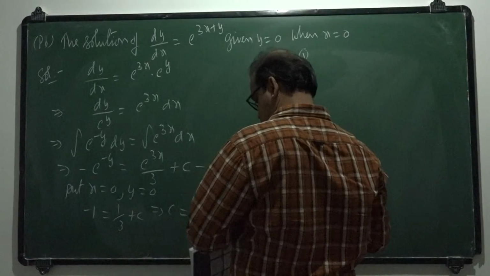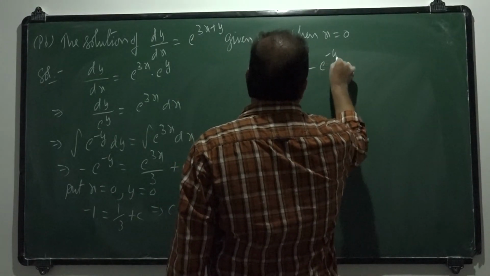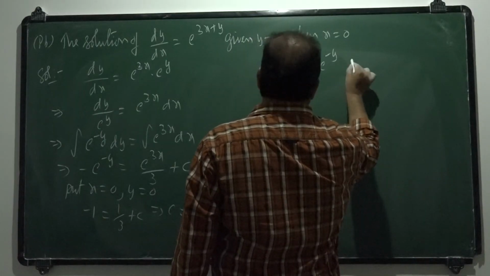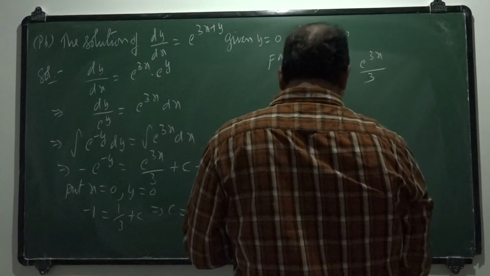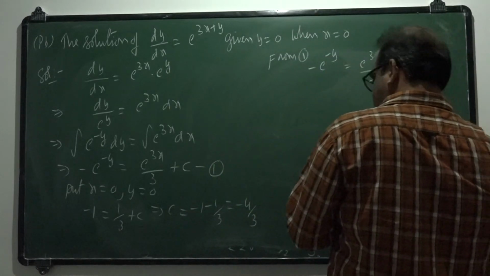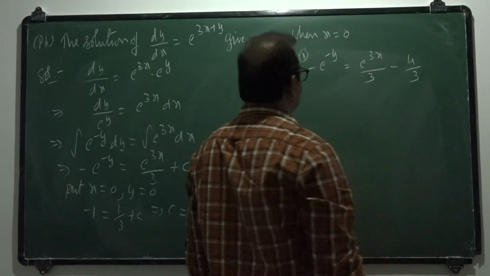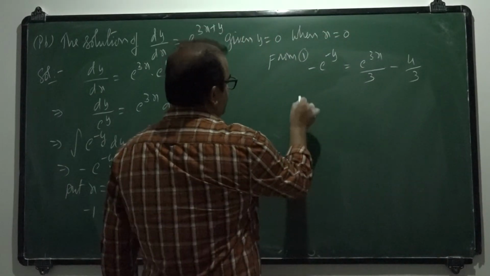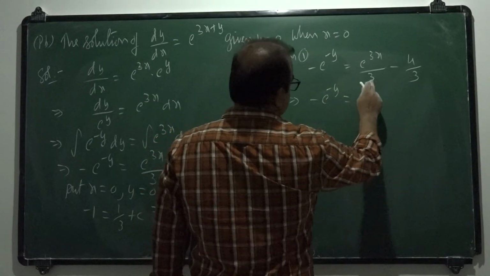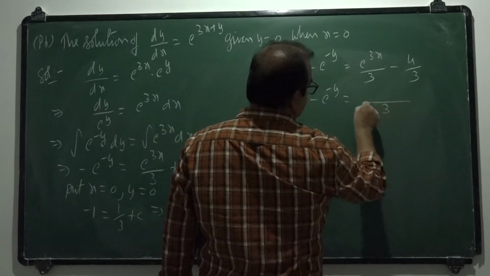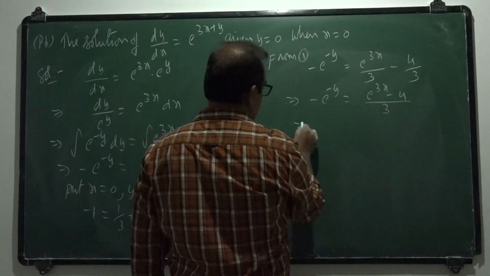From equation 1, minus e power minus y is equal to e power 3x by 3 plus c. What is c value? Minus 4 by 3. Okay, minus e power minus y is equal to, what is the LCM here? 3. E power 3x minus 4 by 3.